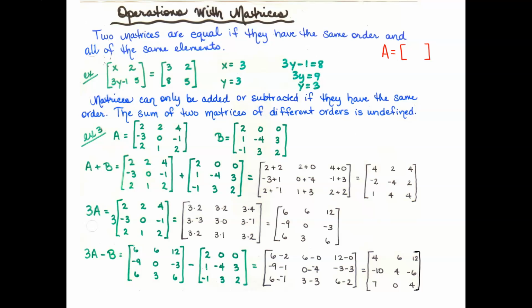All right. So here they ask me to add A plus B. If I'm going to add A plus B, I'm going to take what's in the first row, first column, plus what's in the first row, first column, and I'm going to put it in the first row, first column. So I'm going to say 2 plus 2 is equal to 4.